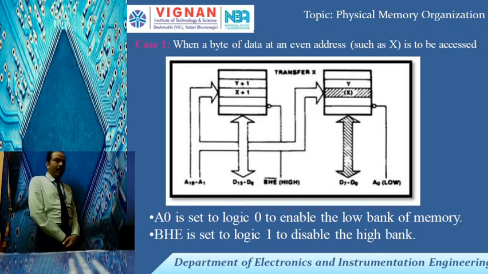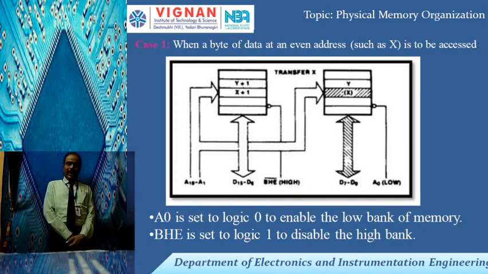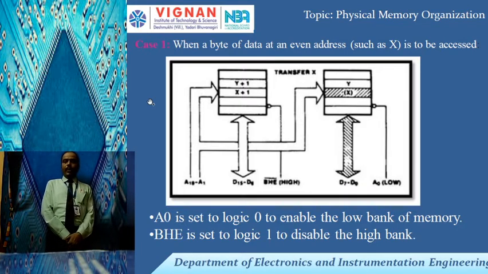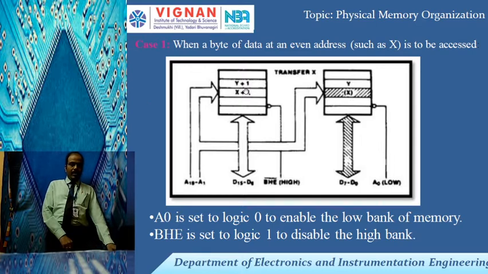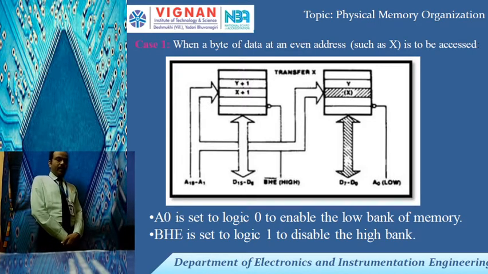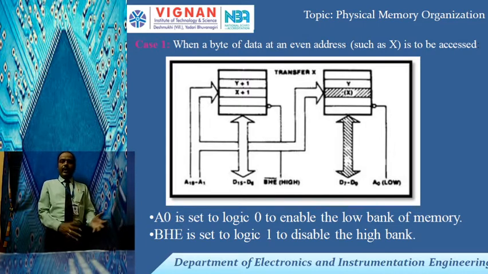When a byte of data at an even address such as X is to be accessed, for example, these are the 2 chunks, the 2 memory banks: the even bank and the odd bank. Now I want to access data X, which is 8-bit data.